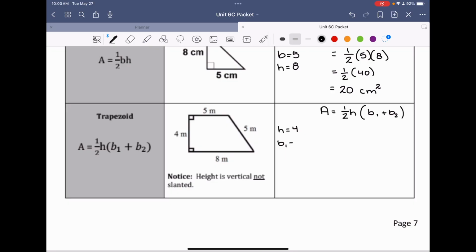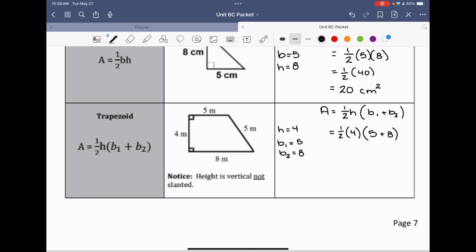And then base 1 and base 2. Those 1 and 2 are called subscripts, which is just another way to help you organize your work. It really does not matter where you plug in the first base or the second base. So I'm just going to go from top to bottom. The first base is 5, the second base is 8, and I'm going to plug that in. 1/2 of 4 times 5 plus 8.